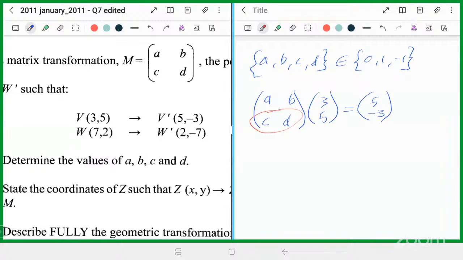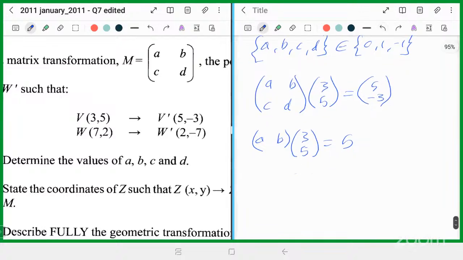You get me? All right. So we know that this row times this column equals 5. Let's set it up and be smart about it. So AB times the 3, 5 is equal to this 5 right here. That's this row times this column equals that 5.